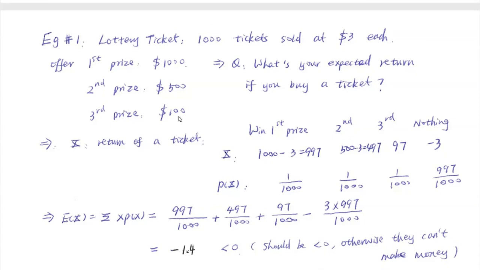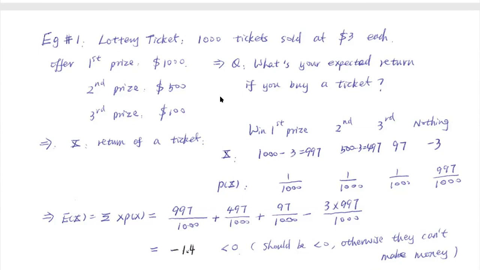So my question is, as a consumer, can I do this as a business? What does that mean? Can I keep buying the ticket, so that if it's a good business for me, if I can have a positive return, then I can make some money. You see what I mean?